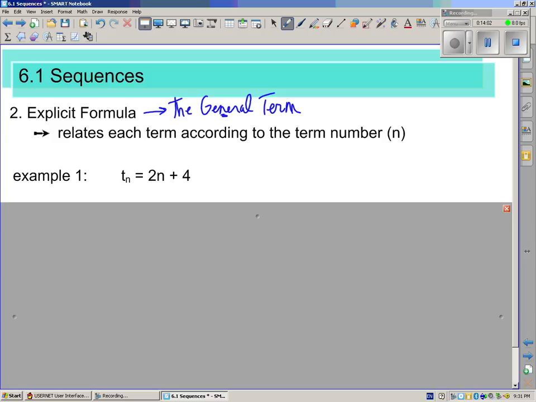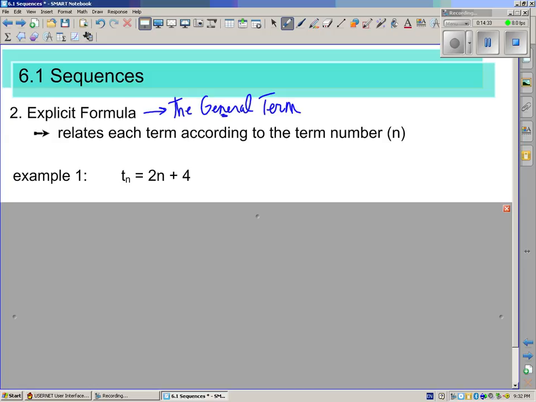So instead of having to rely on the previous terms, I just need to know my placement in the sequence, and that will allow me to know what term I am, what value I have. So remember, n is the number in the placement of the sequence. T sub n is the nth term, the term being the value that it has in the sequence, and n is just its place number in the sequence. It's a little confusing, but we need to really draw on that skill that we had in grade 10.